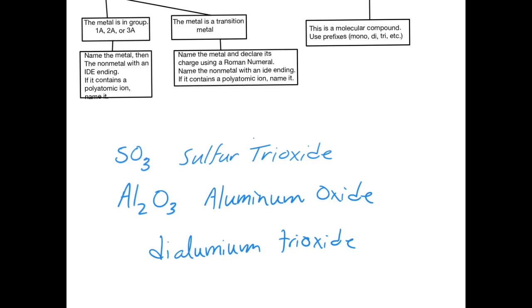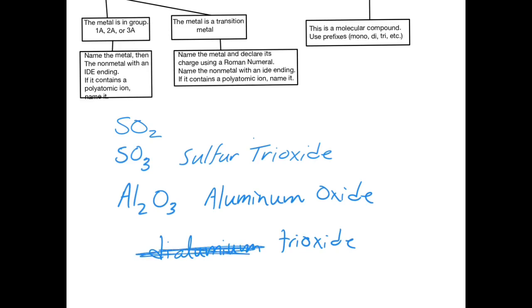But on the other hand, with sulfur and oxygen, there's at least one other compound that I could think of, and that would be sulfur dioxide. Sulfur and oxygen can come together in many different ways. Aluminum and oxygen can only come together in one way. So why would we specify the number of aluminum atoms in this compound when it's not necessary?